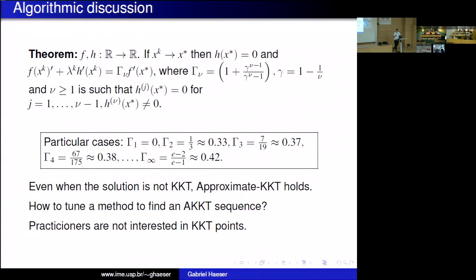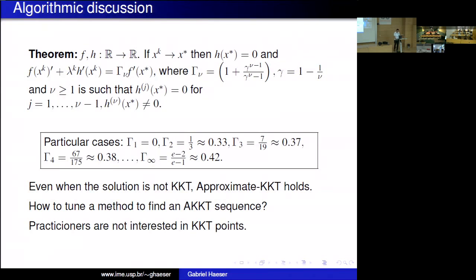It modifies the method slightly such that it always generates an approximate KKT sequence. But there is this open, general question: how to tune a method such that it always finds this approximate KKT sequence that always exists.